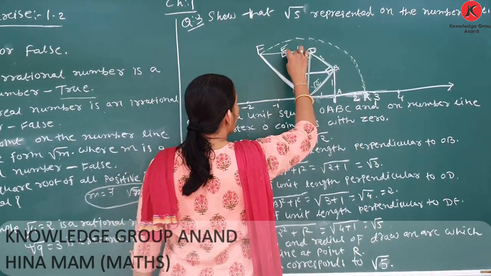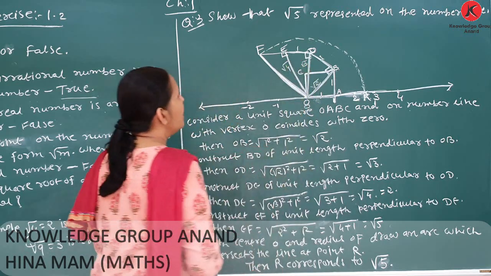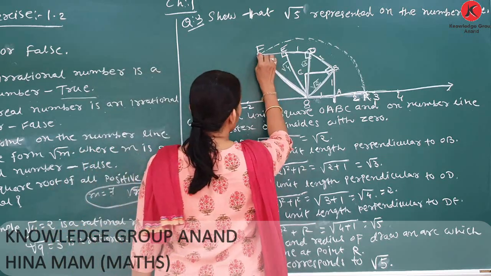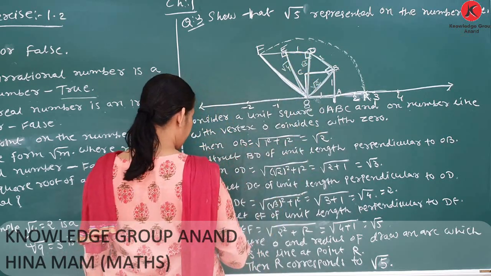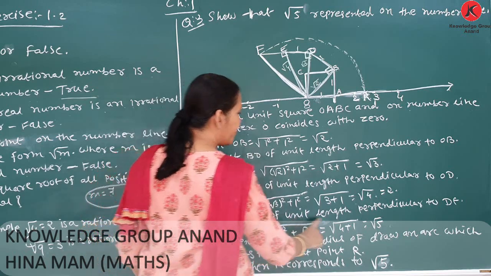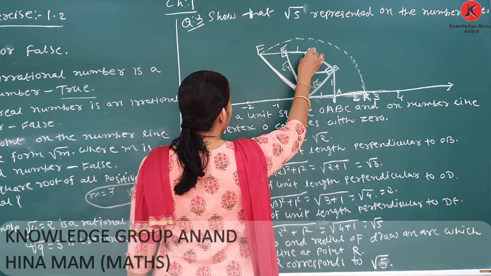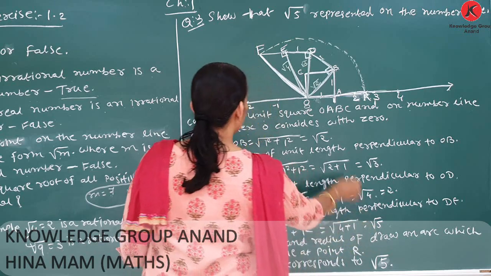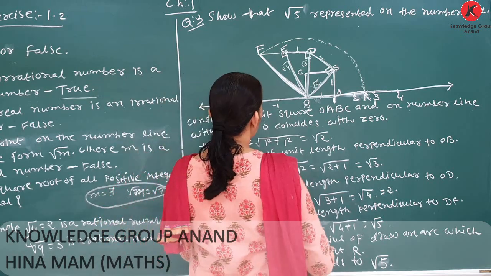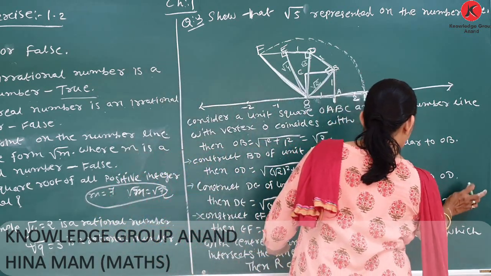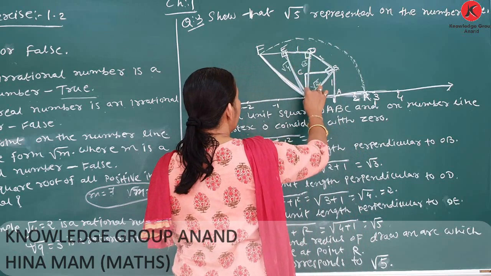Now the length of OE is root 4. Now again draw EF of unit length perpendicular to OE.